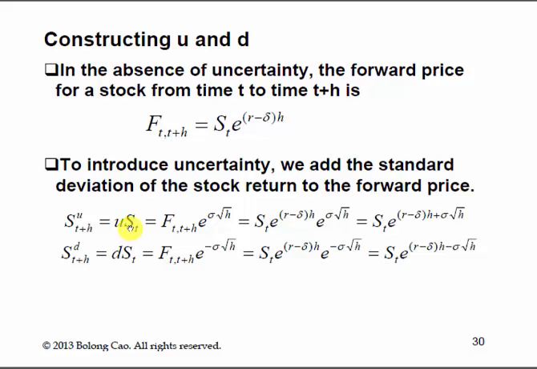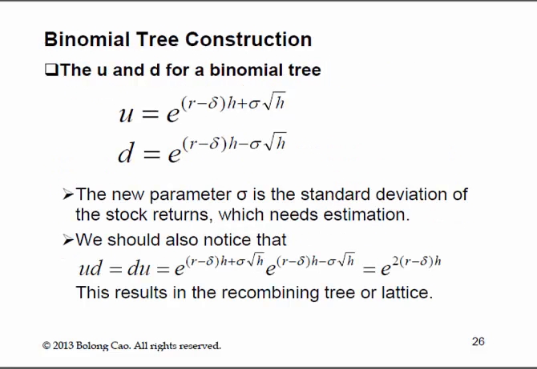So what we have assumed is basically that both the up and down proportions have this fixed term, a fixed drift, the risk-free rate minus the dividend yield, and then this volatility term, going up by 1 standard deviation or going down by 1 standard deviation. That's the original assumption we have seen before.